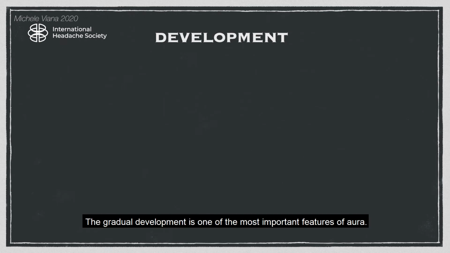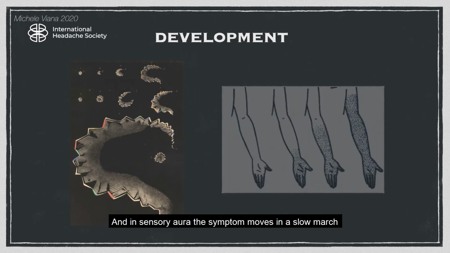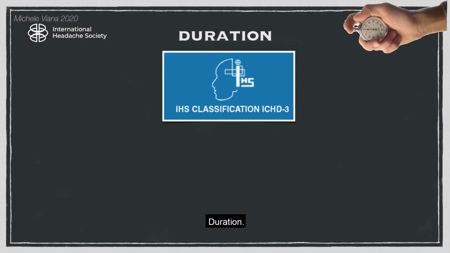The gradual development is one of the most important features of aura. In visual aura, the disturbance gradually moves in the visual field, and in sensory aura, the symptoms move in a slow march from one part of the body to another. Duration.